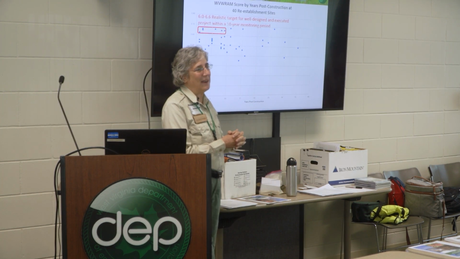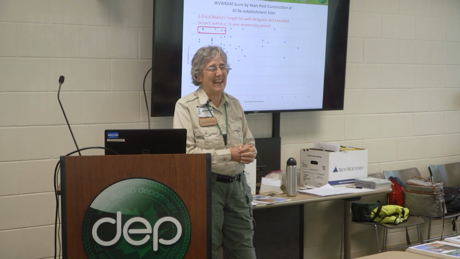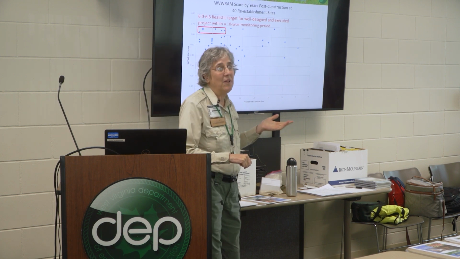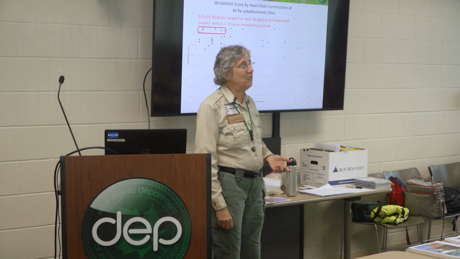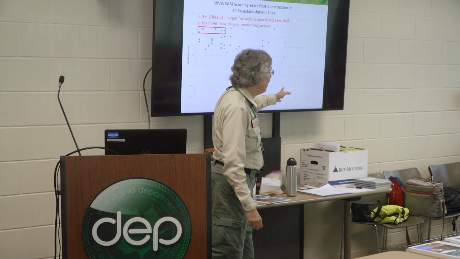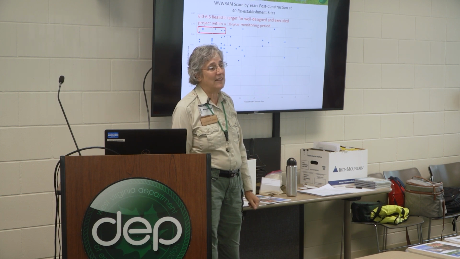And I'm sure that people will try to propose a 1.0 because that's the maximum score you can get without rare species. But in fact, we've made a big effort over the last few years to sample existing restoration sites that are between 1 year old up to 35 years old and look at what the WVRAM scores of actual sites are.